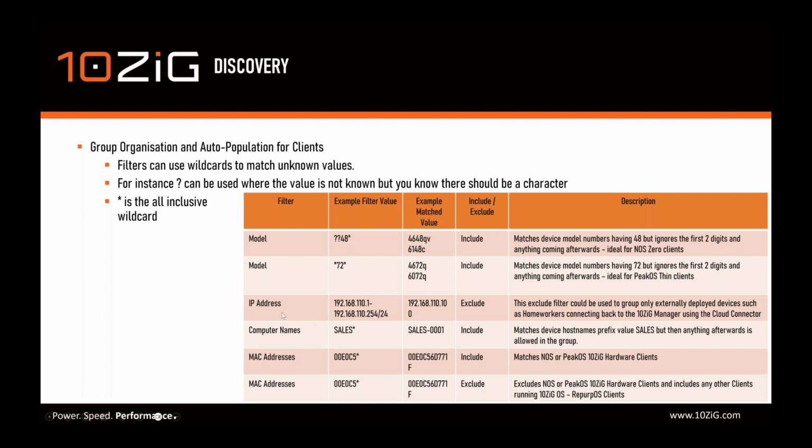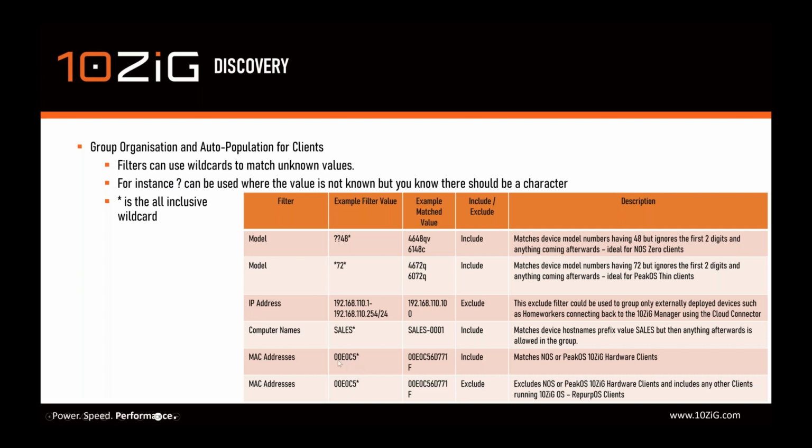But here we've got IP address filters, computer names, which is pretty standard as well, and MAC addresses. The MAC address filter can be useful for filtering again on 10ZiG hardware. All of our hardware will begin with the MAC address 00E0C5, so this filter here will look for that as the prefix.